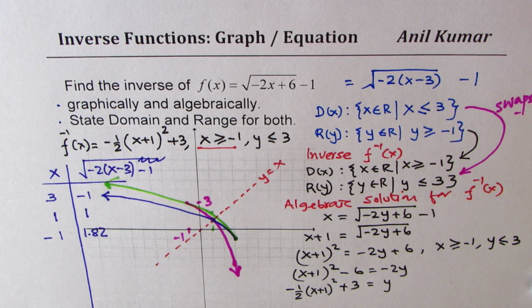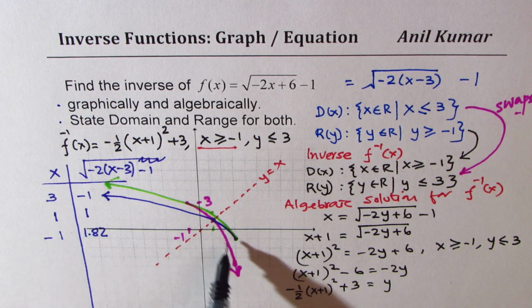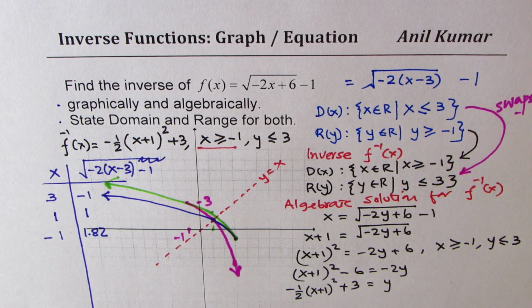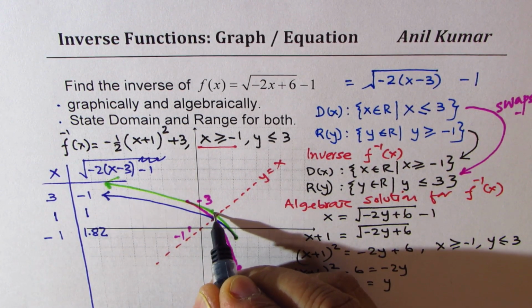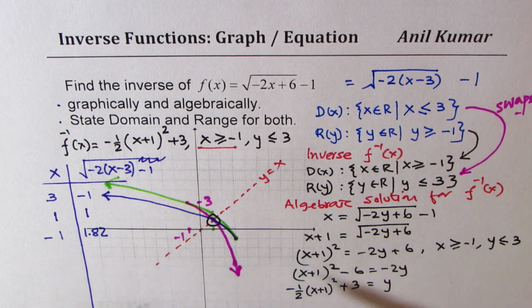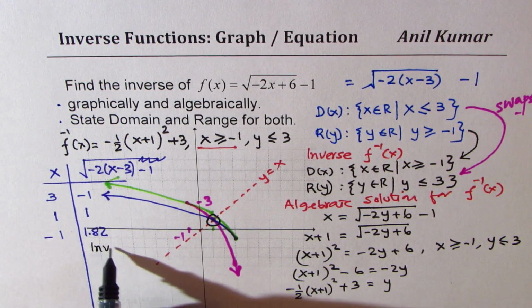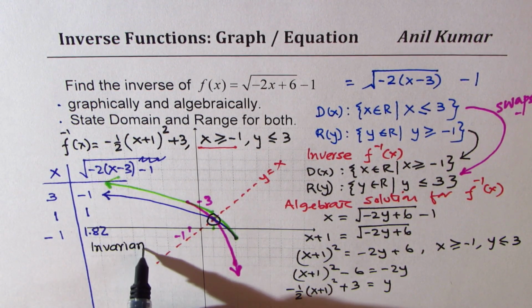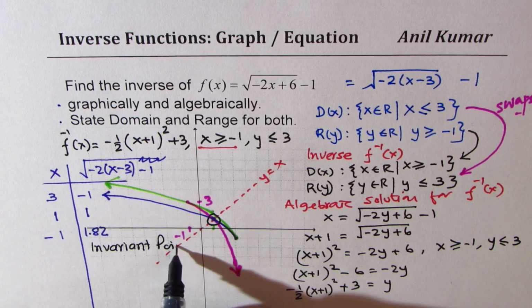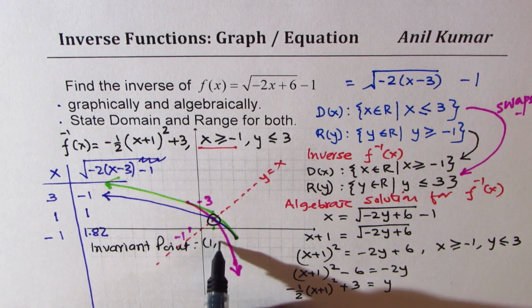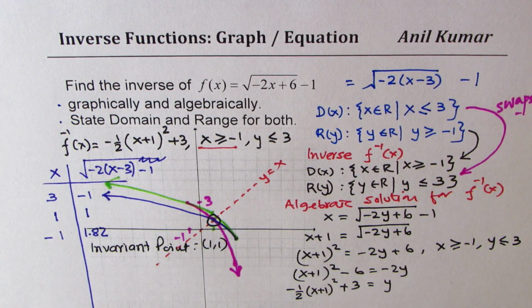So I'd like you to actually take more points here and then sketch a nice and better graph. But I hope you have understood the concept. We also see in this particular case that 1, 1 is an invariant point. So let me write down. Since it is common to both, right?